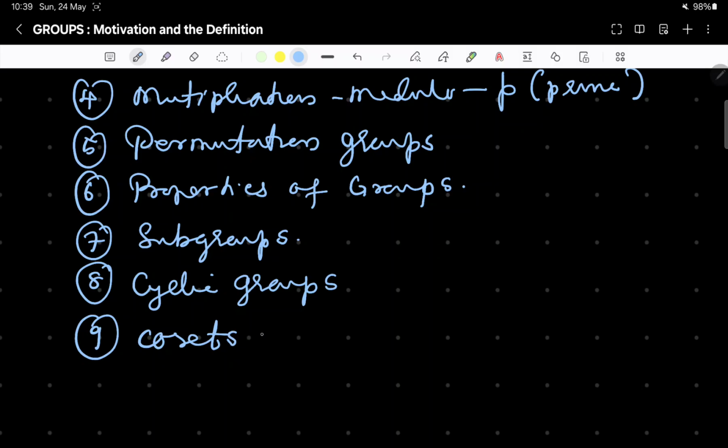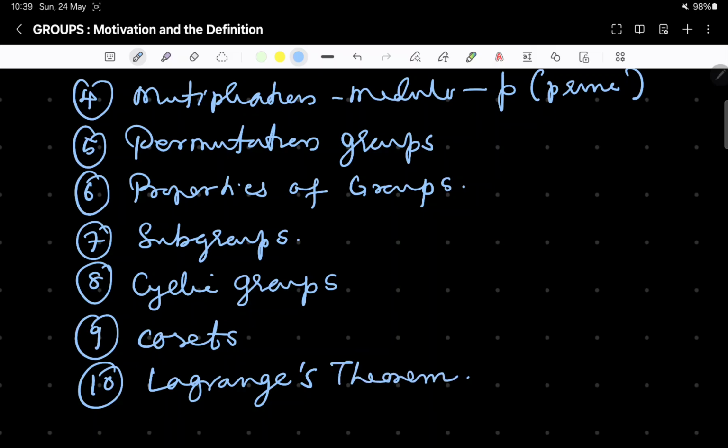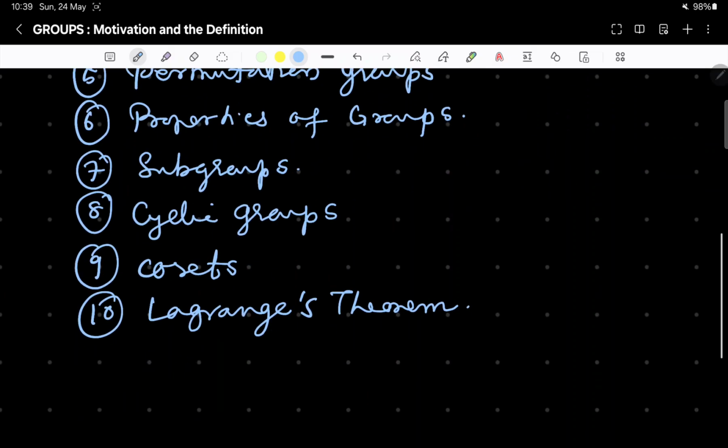It's a particular kind of subsets of the group, right? We call it cosets. Last topic is Lagrange's theorem. Okay, so there are 10 topics, and there will be at least 10 videos, right?